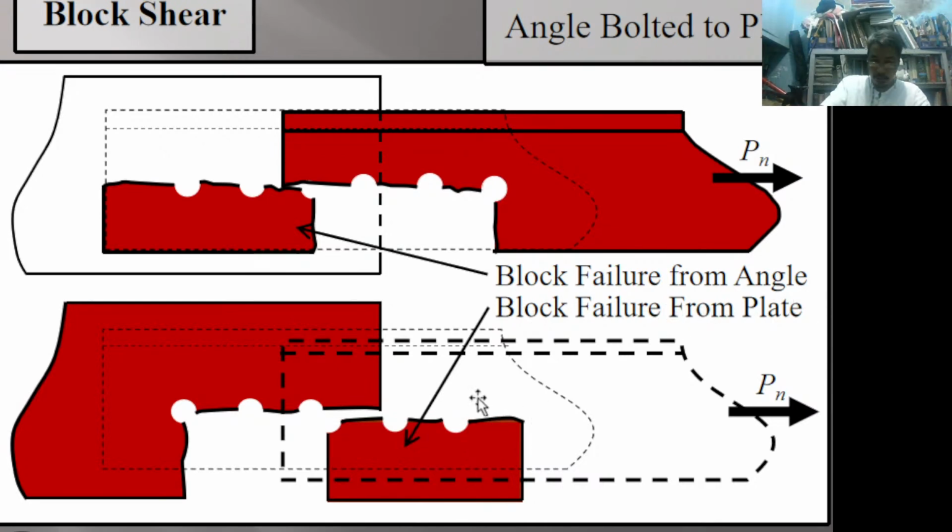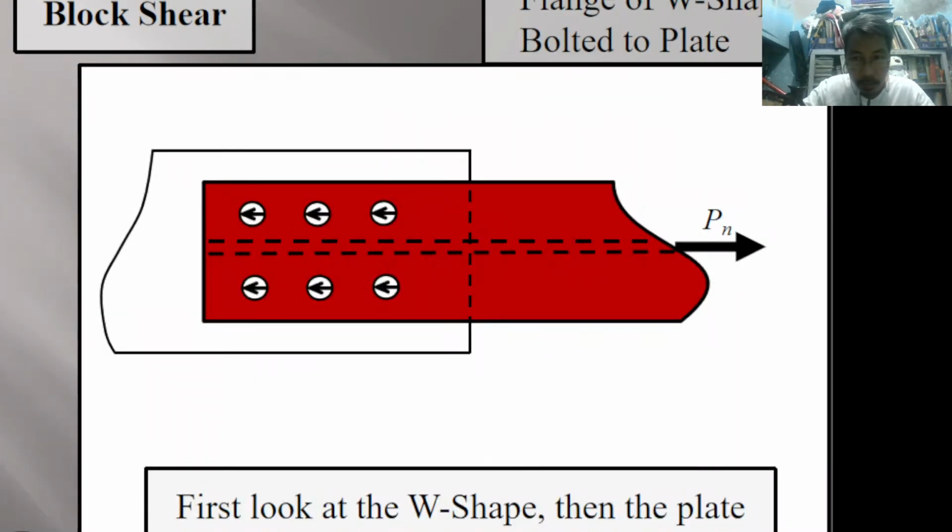This is the way it could fail on the attached element, and this is the way it could fail on the element to which the angle is attached. So there are two possible cases. Either way, they are called block shear failure. So let's go to the next.